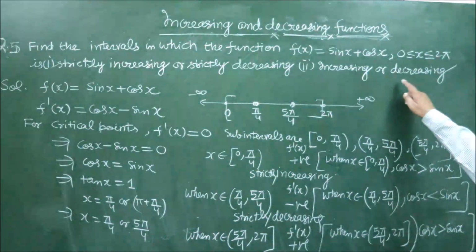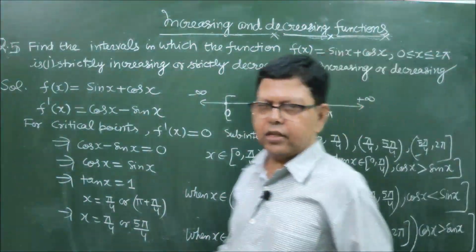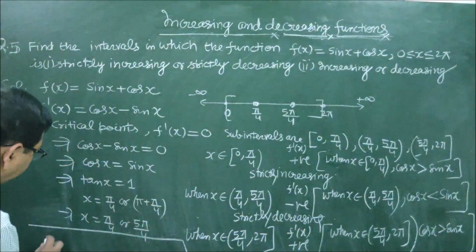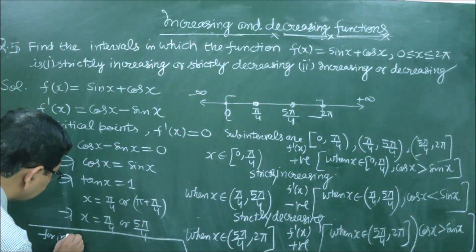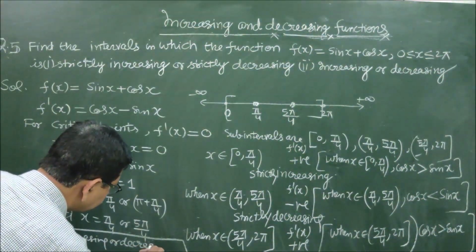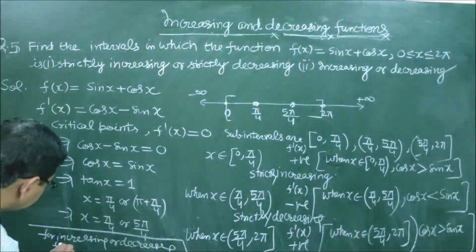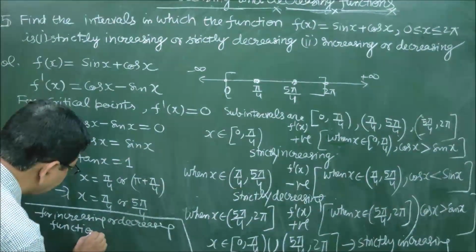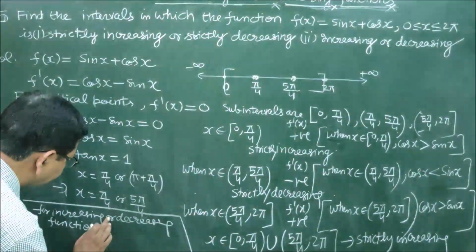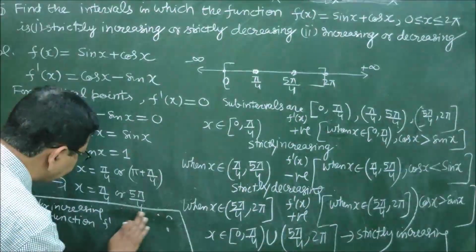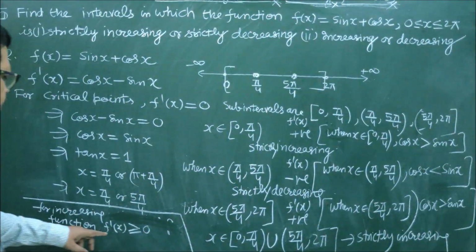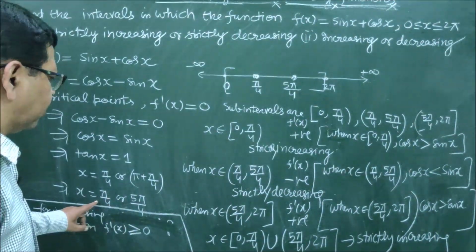Now for increasing or decreasing function, f dash x should be, for an increasing function, f dash x should be greater than or equal to 0. So in that interval we will also consider these points in the closed interval.